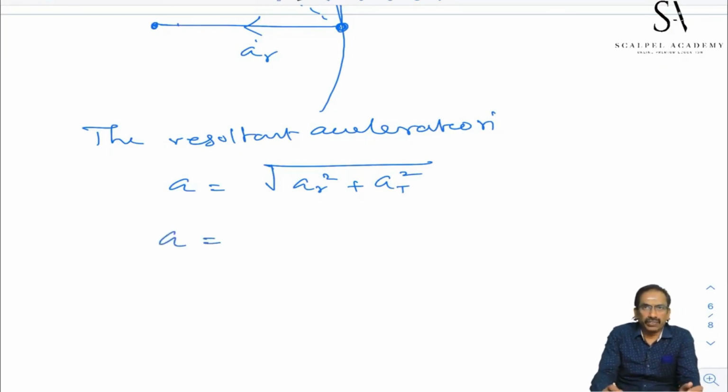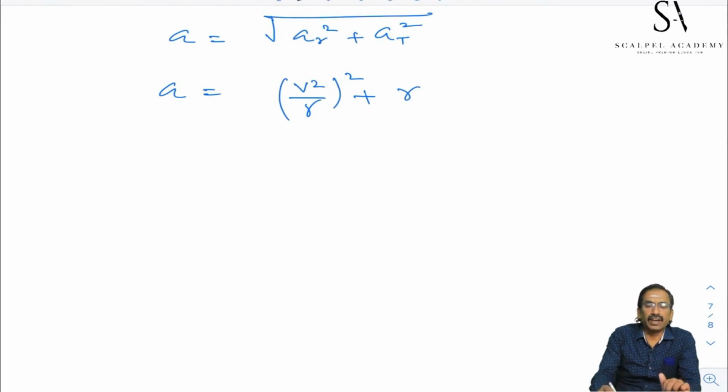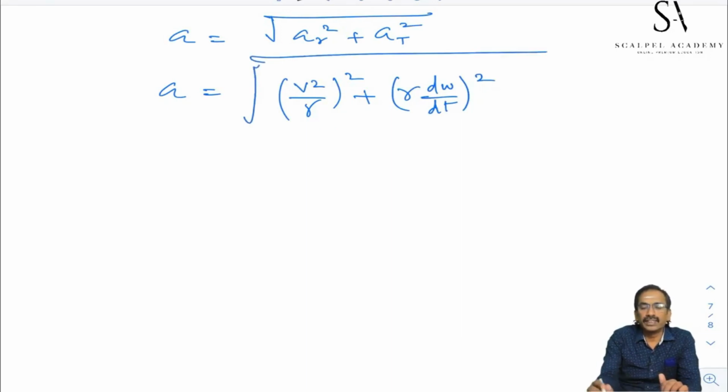Radial acceleration, just now we learned, is v square by r. So it is v square by r, the whole square, plus tangential acceleration, r alpha, the whole square, where omega is equal to d theta by dt and alpha is equal to d omega by dt. So this is the resultant acceleration of the particle.